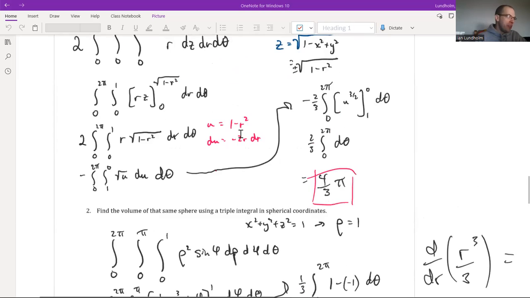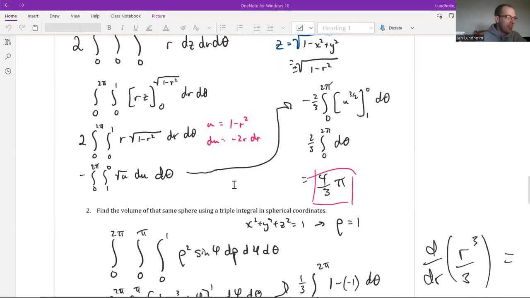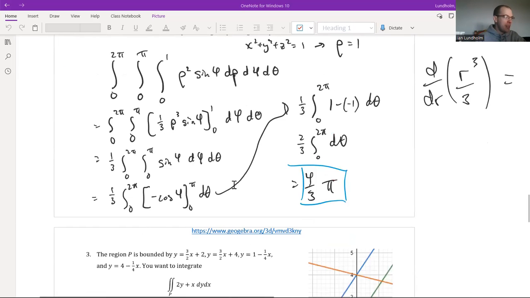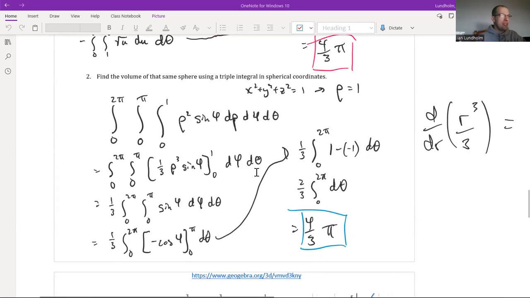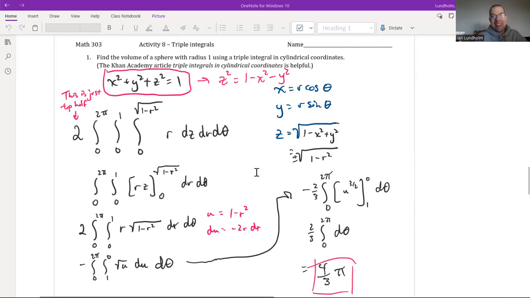Notice that while this one does use a u substitution, the integration's not too bad. You're not having to use trigonometric integration where you're subbing in double angle formulas and stuff. So I like these questions, and things that show up in your test might be similar to this.